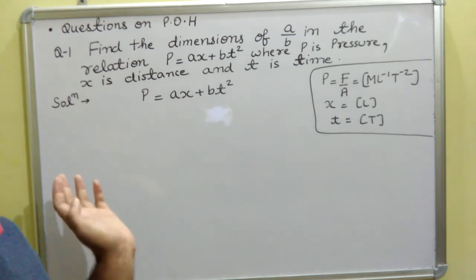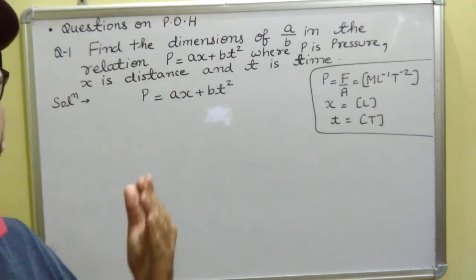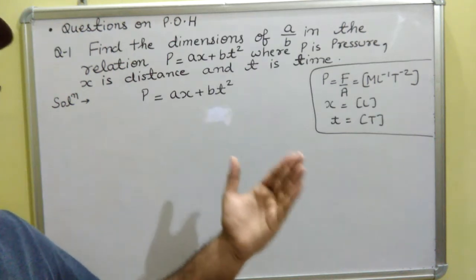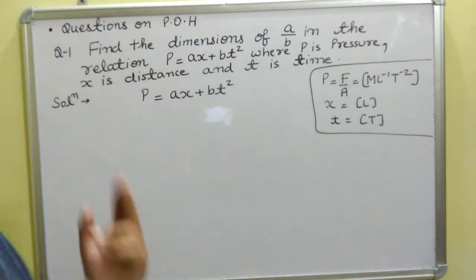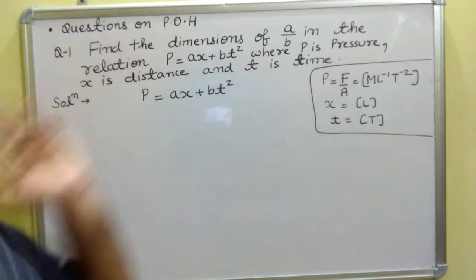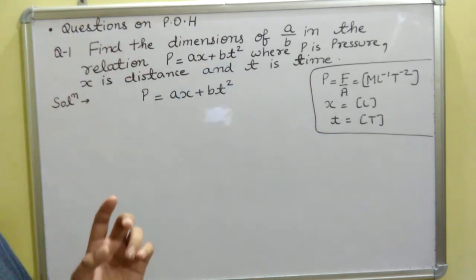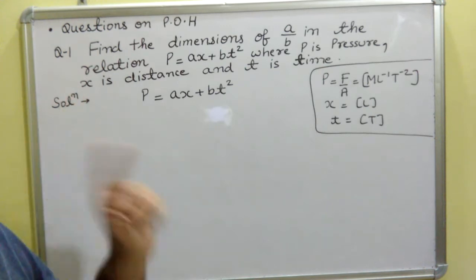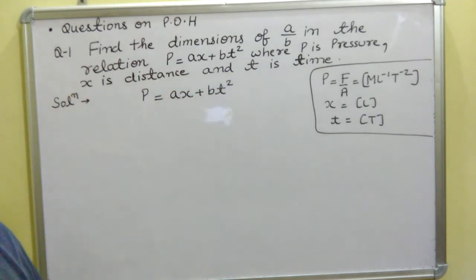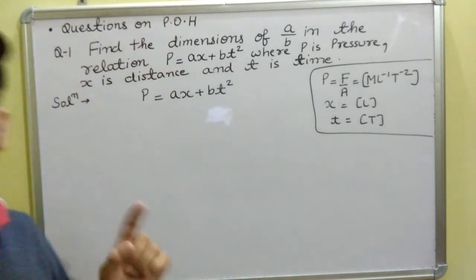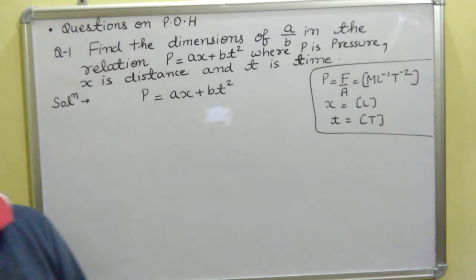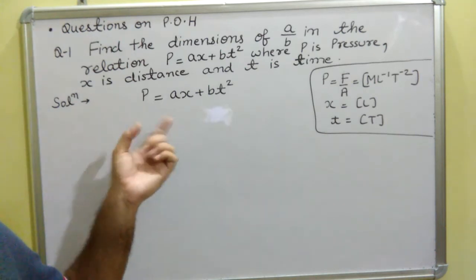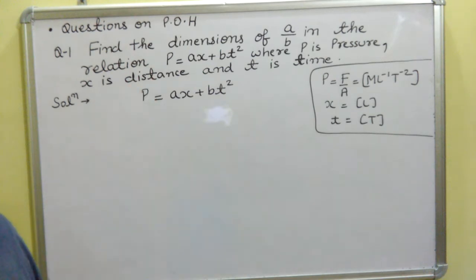I have already discussed this before also, that LT minus 1 minus LT minus 1 gives you LT minus 1, L minus L gives you L. This you already know. So the principle of homogeneity will help us in solving these questions, and these are very important from the school plus your competition point of view. In competition exam for sure you are going to get one question from here.